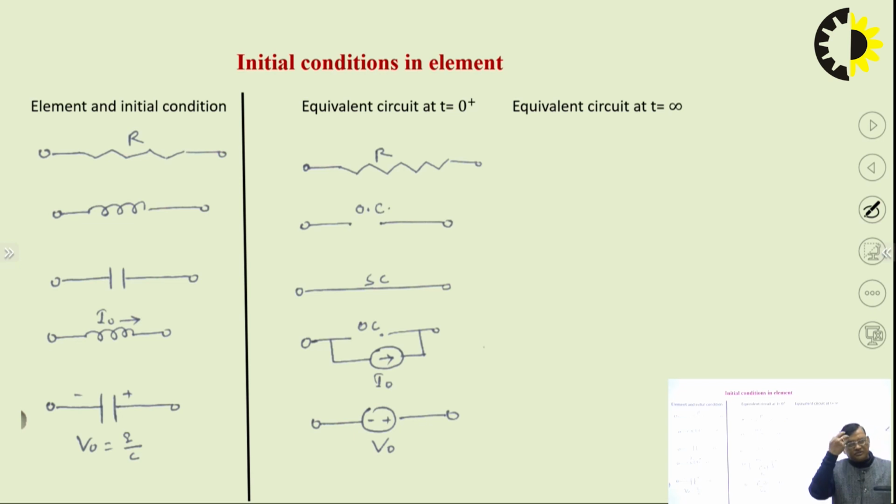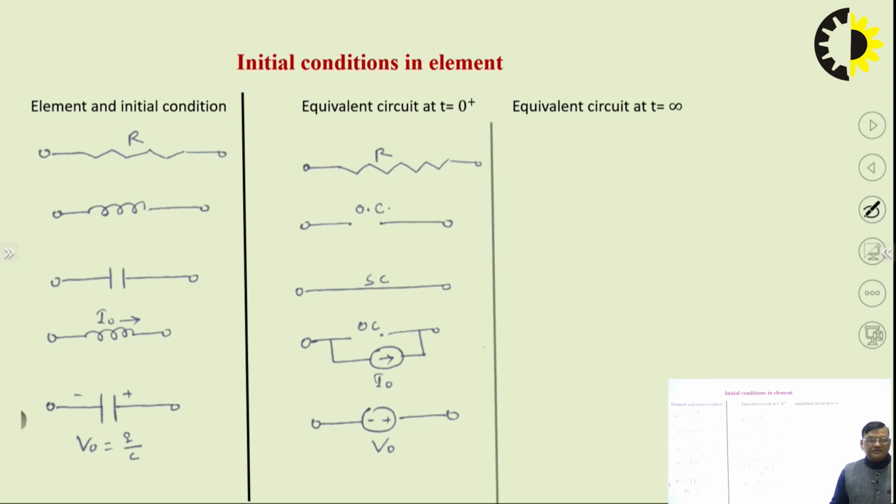So, at t equal to 0 the inductor behaves as an open circuit and the capacitor behaves as a short circuit. When the inductor carries some initial current I 0, it can be represented by an open circuit with a current source. And when the capacitor has some charge V 0, it is replaced by a short circuit and the voltage V 0.